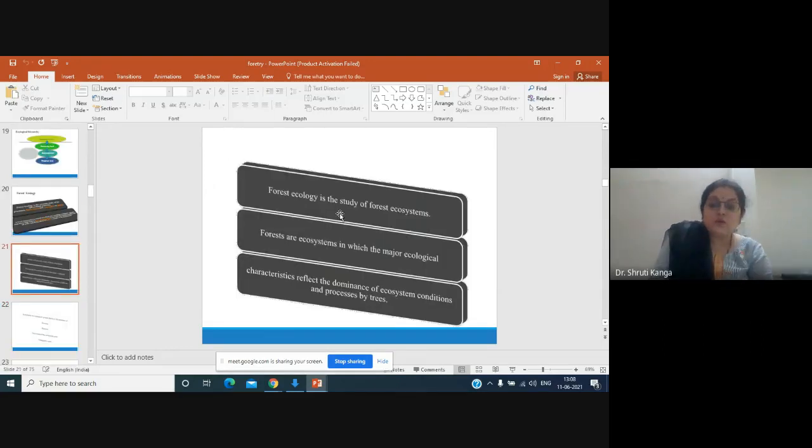Now, forest ecology is the study of forest ecosystems. Forest ecosystems are those in which the major ecological characteristics reflect the dominance of ecosystem conditions and processes by the trees. Okay, so forest ecology is the study of forest ecosystems.